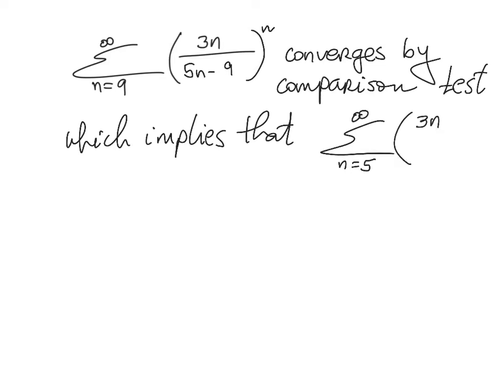So we can now conclude that the series (3n over 5n minus 9) to the n, starting at 5, the one we originally had, also converges. The reason is we have a converging series starting at 9, and we add the 5, 6, 7, and 8 terms, four more numbers that are all finite, to an already finite number, and it remains finite and it remains convergent.